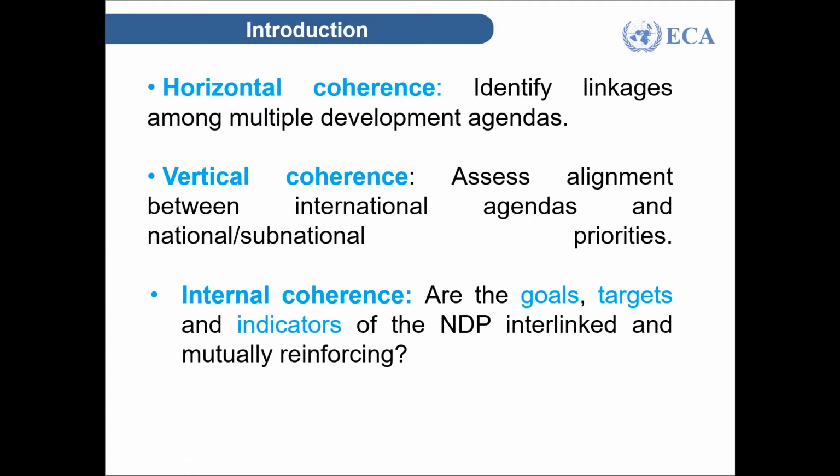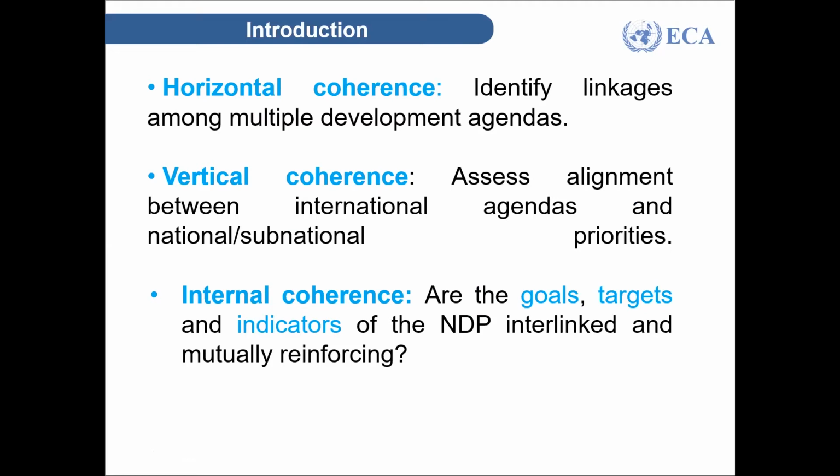Now, integration involves both horizontal and vertical. Horizontal coherence refers to identifying linkages among multiple development agendas. For example, are there commonalities between SDGs and Agenda 2063? Which goals are aligned, and are there differences between these development agendas?